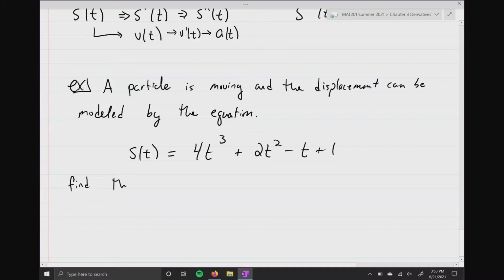Find the velocity and acceleration at, we'll say, t equals 1. Okay?